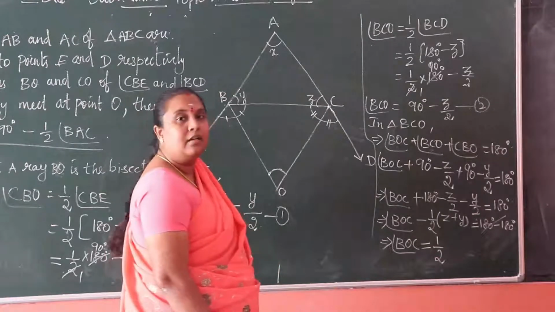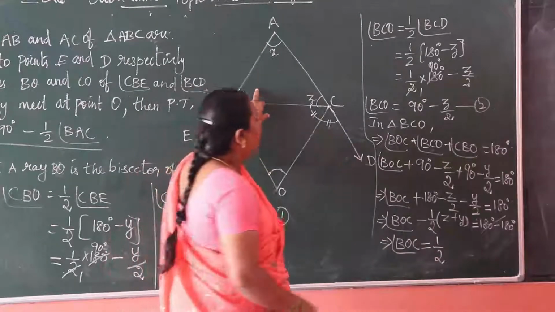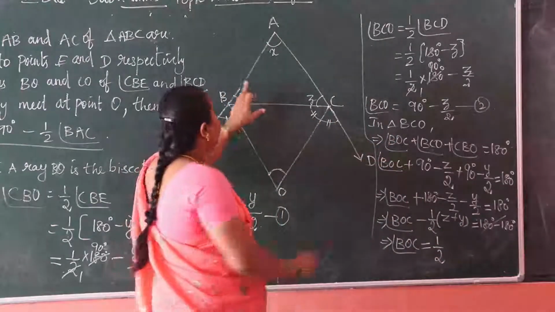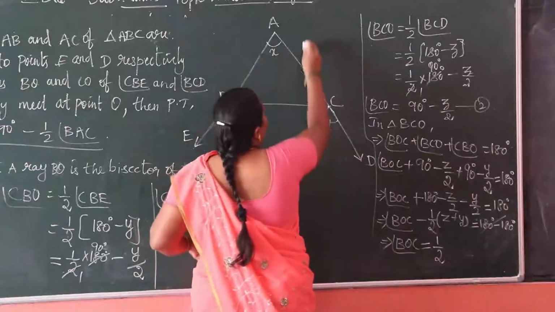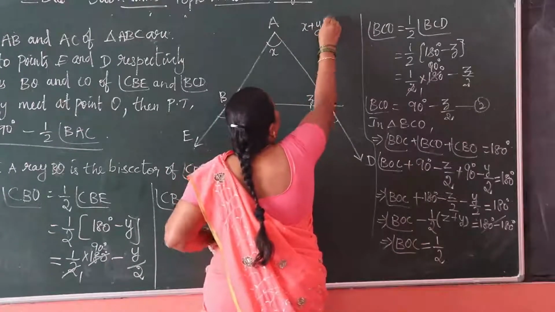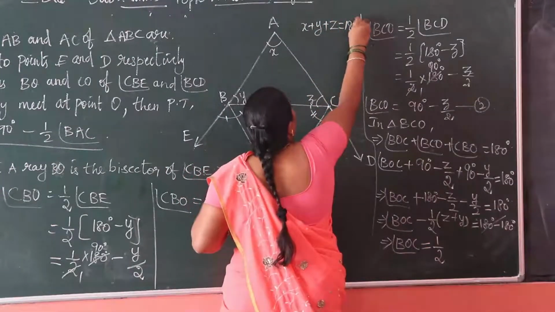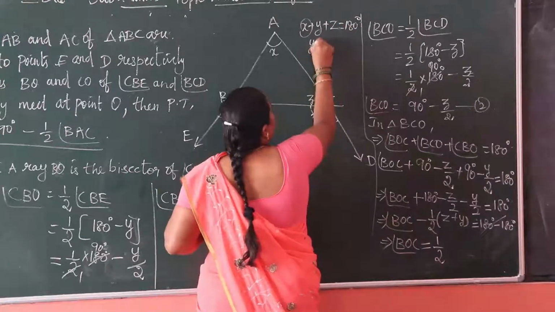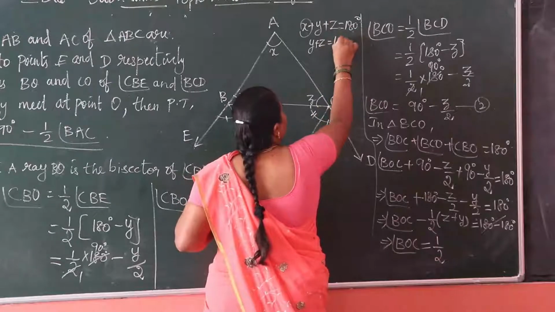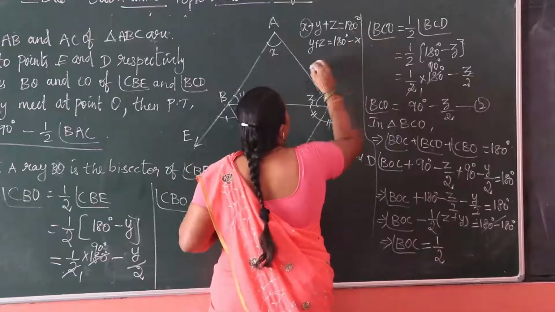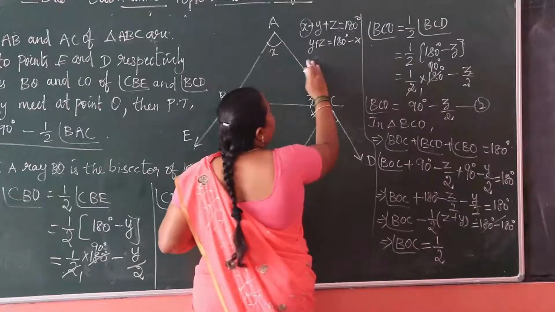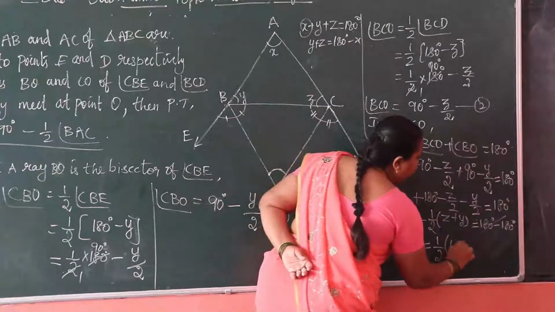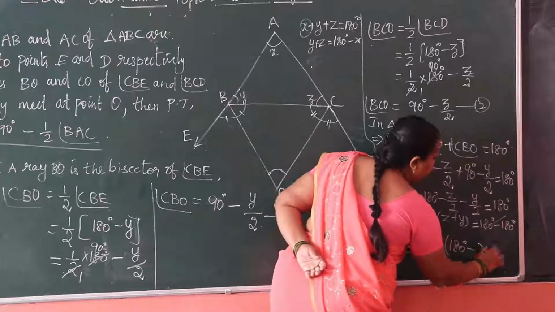How can we say Z plus Y equals 180 minus x? By the angle sum property, x plus y plus z equals 180 degrees. So y plus z equals 180 degrees minus x, with x coming to the RHS. We can substitute this here: half into 180 degrees minus x.